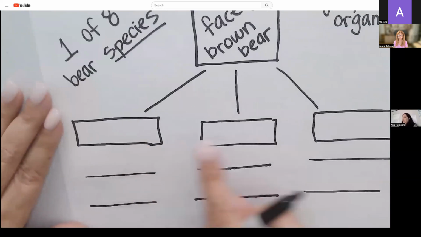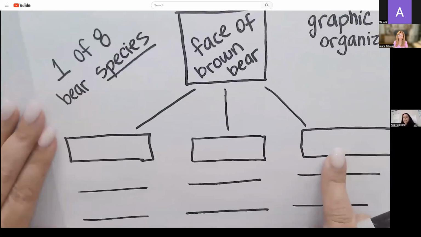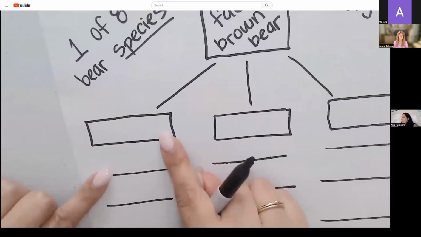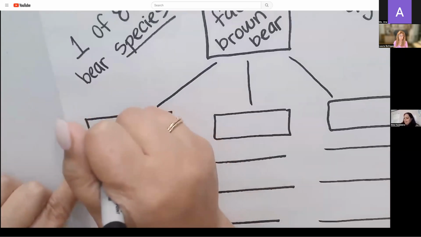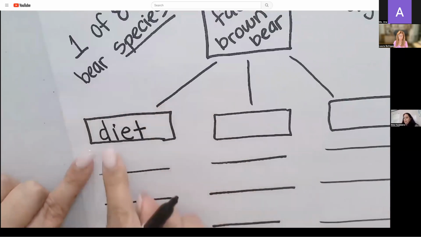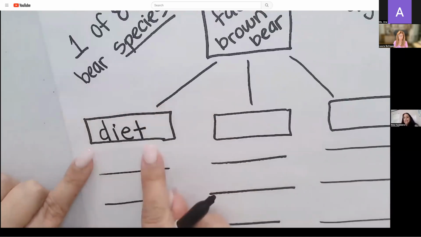So we're going to talk about 3 different attributes of brown bears. The first attribute we're going to write about is their diet. Go ahead and write D-I-E-T, diet, in the first rectangle. Basically, what do they eat?